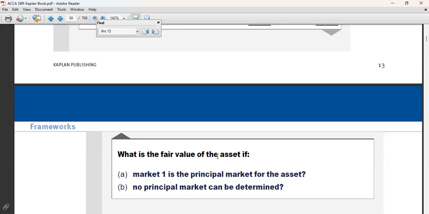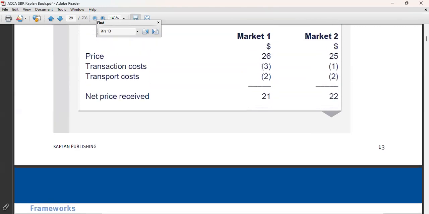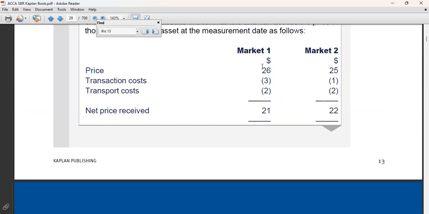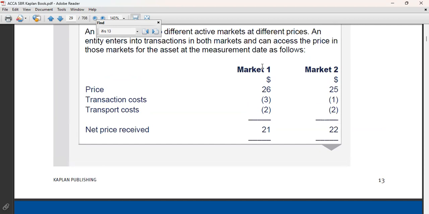So what is the fair value of the asset if no principal market can be determined? If no principal market can be determined, what do you think will be the value of the asset? Which market will be the most advantageous? So these two are market one, market two.